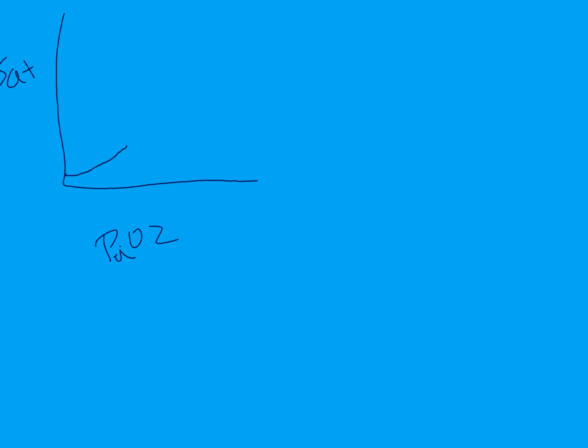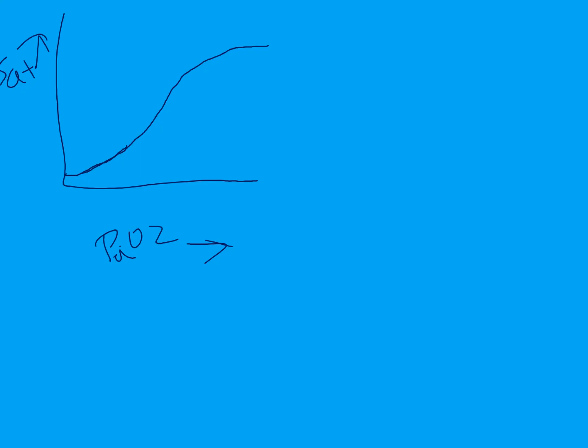So that's what makes this curve sigmoid shaped and not linear. As oxygen starts to bind, it's going to change the shape, and then eventually we're going to hit a point of diminishing returns. So when we're looking at this, the higher the PaO2, the higher the saturation.